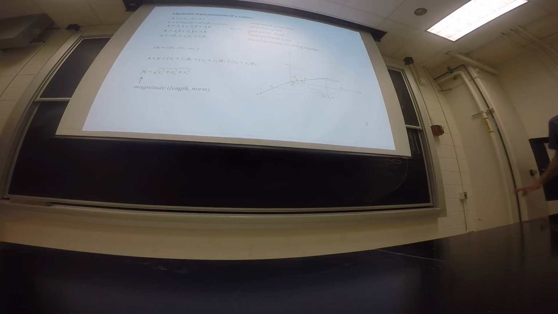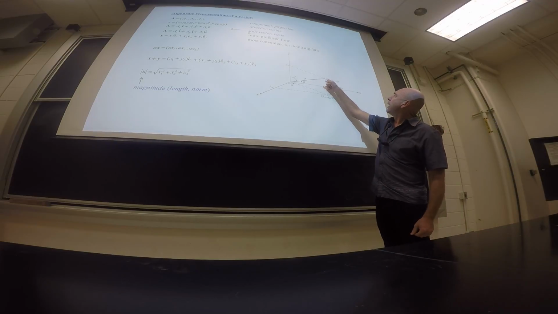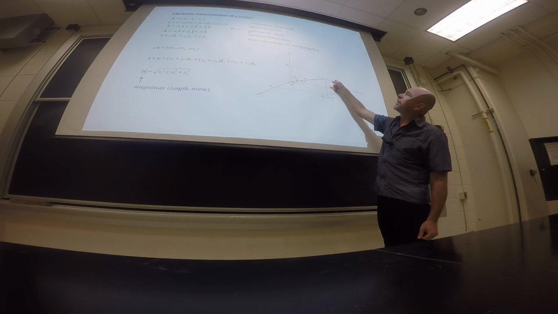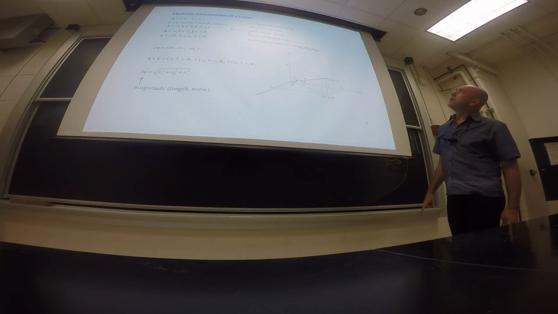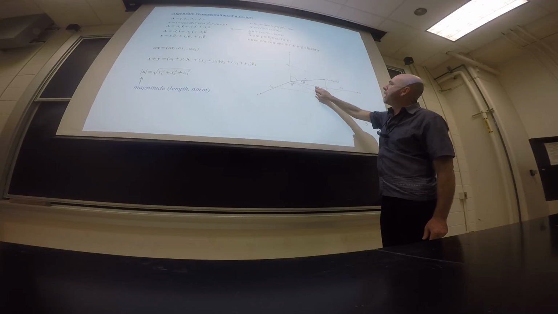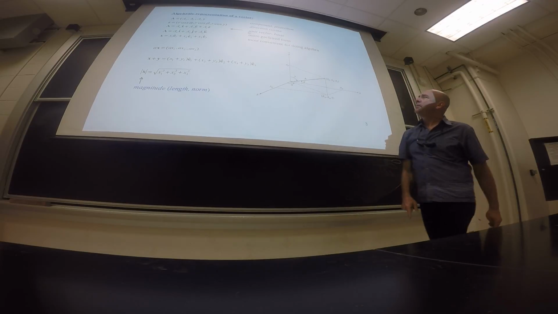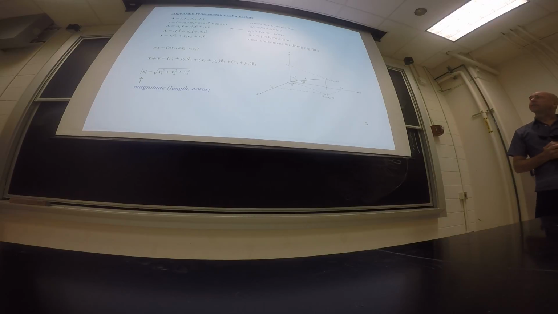Obviously, we have all kinds of different ways in the literature or in your books that we can represent vectors. We can take vector A in a certain direction, and it has an x component, a y component, and a z component. We can also define this vector based on direction cosines. In other words, the angle that A makes with each of the axes.